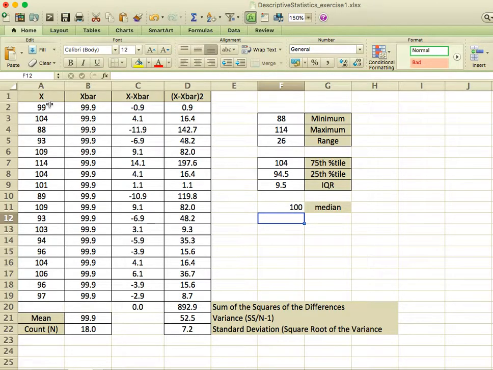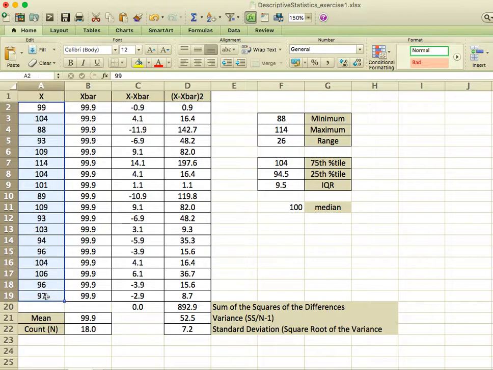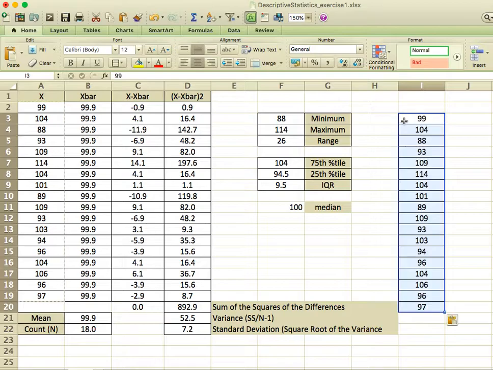If I were to take these numbers and sort them, watch me do this. Another function that we have in Excel. If I tell it that I wanted to sort these numbers, the top number would be the smallest number, bottom would be the highest number.